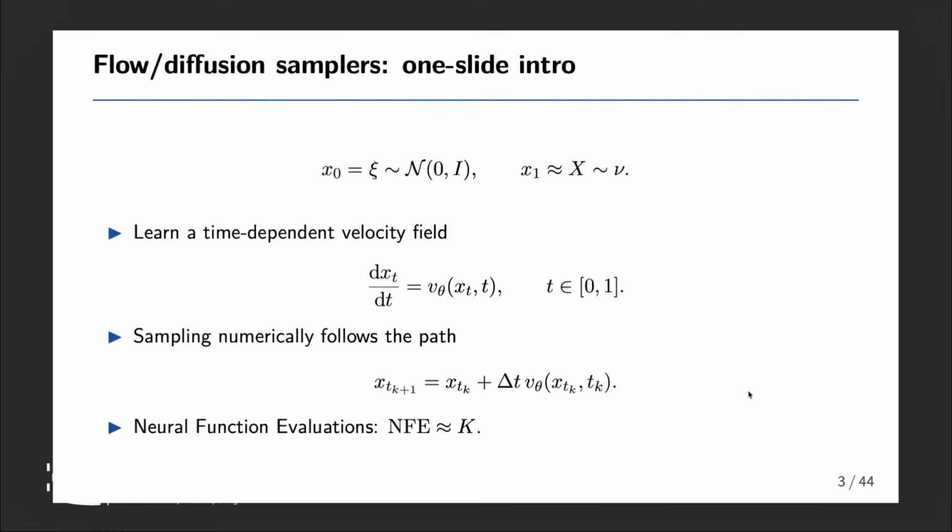The term neural function evaluations was used in a couple of talks in the morning. For example, in the talk in the morning on high accuracy sampling, you will have to run at least log of 1 over epsilon times to get epsilon close to the sample, and then there's dimension and everything like that, right?